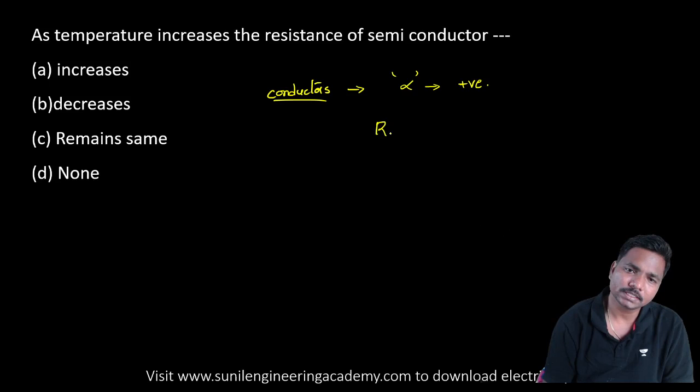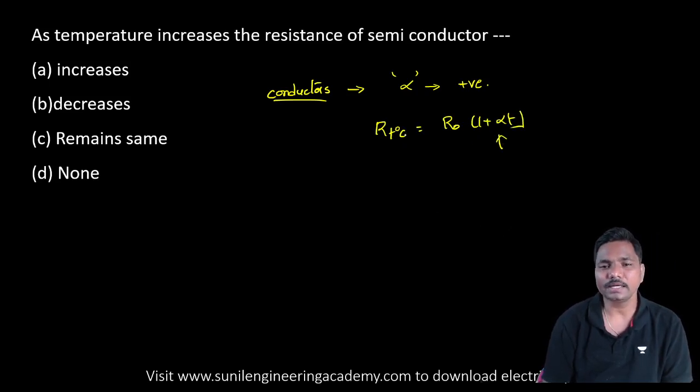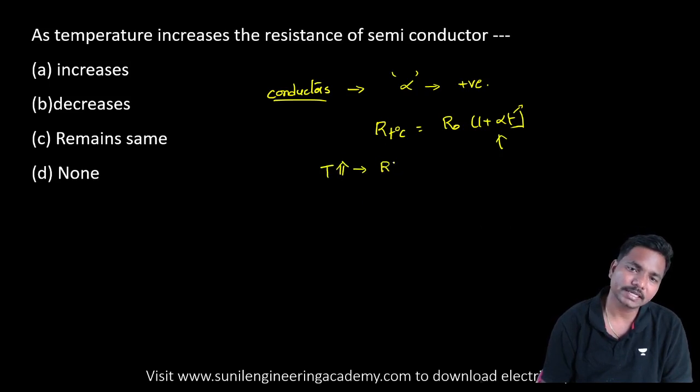Positive in the sense R at T degree centigrade is equal to R naught into 1 plus alpha T. If this alpha is positive, then R at T degree centigrade is greater than R at 0 degree centigrade. That means as temperature increases, R at T degree centigrade will increase. That means as temperature increases, resistance will increase. So that's why conductors are considered as positive temperature coefficient of resistance.